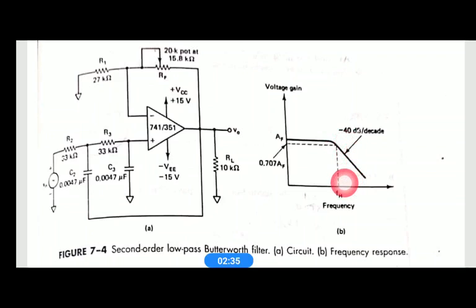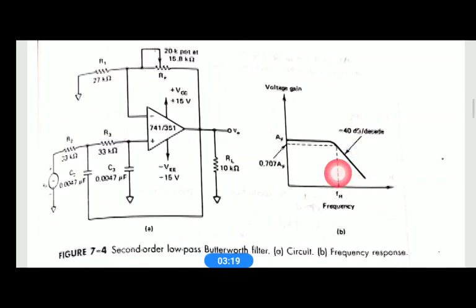In a first order Butterworth filter, this reduction after fh is 20 dB per decade, which means the decrease rate is slow. We need to increase this decrease rate so that soon after fh, the gain in the stop band goes to 0.